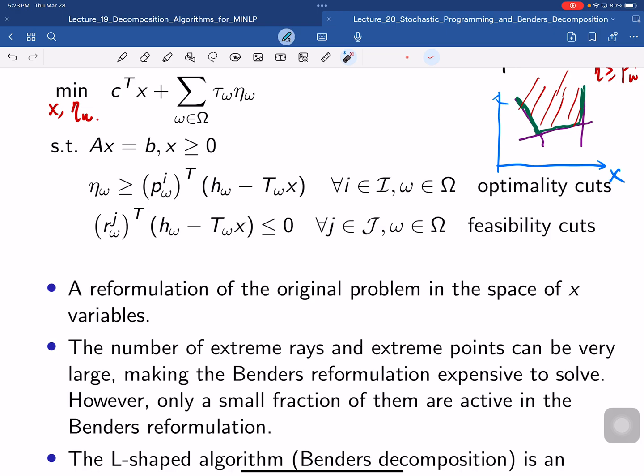So imagine that you only need the cuts that correspond to the optimal dual. You don't need the cuts that are not optimal. So in that case, Benders decomposition is just an iterative method of generating the active optimality cuts and feasibility cuts for you.